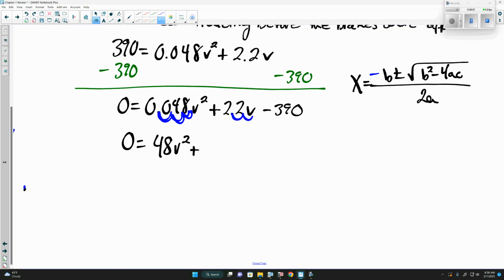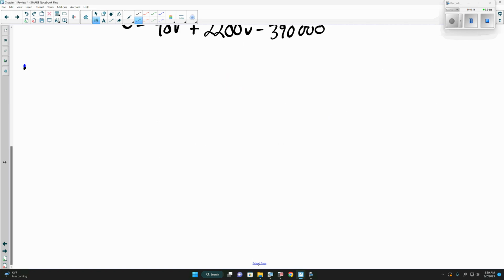Yes, I only had one decimal that I can move, but the other two become zeros. And over here, we're going to move this decimal 1, 2, 3 spots. So it becomes 390,000.